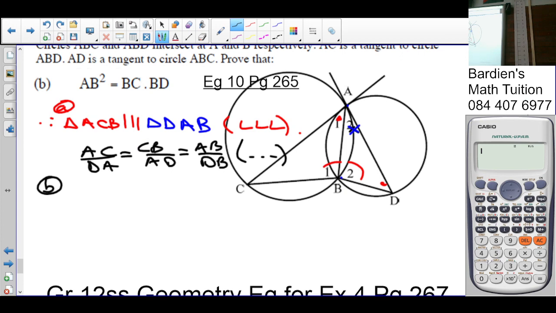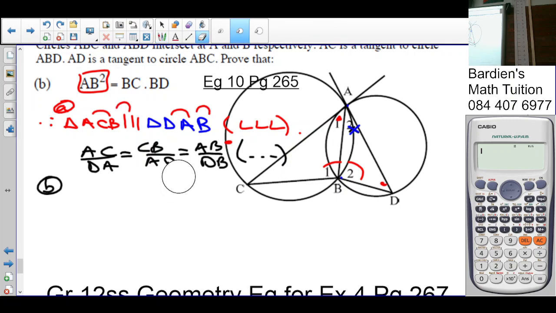Not so. Now looking here, what do they want? What is AB squared? How do you get the AB squared? You use AB twice. So these are AB and there should have been an AB. So it's AC over CB over AB.